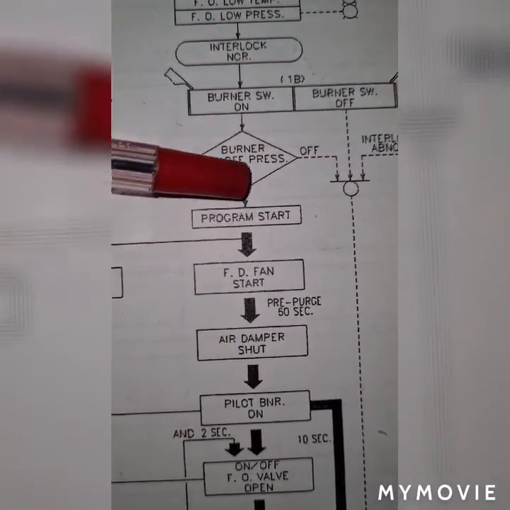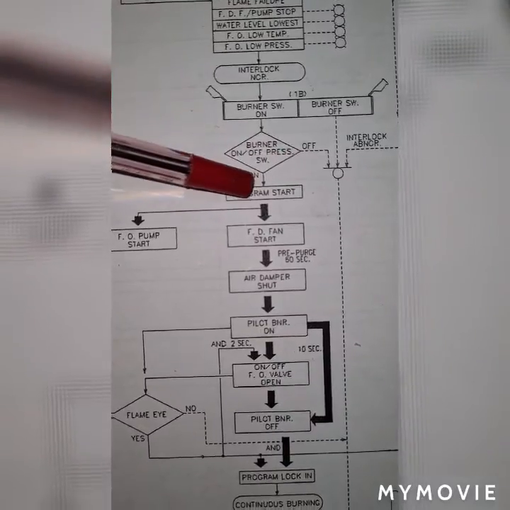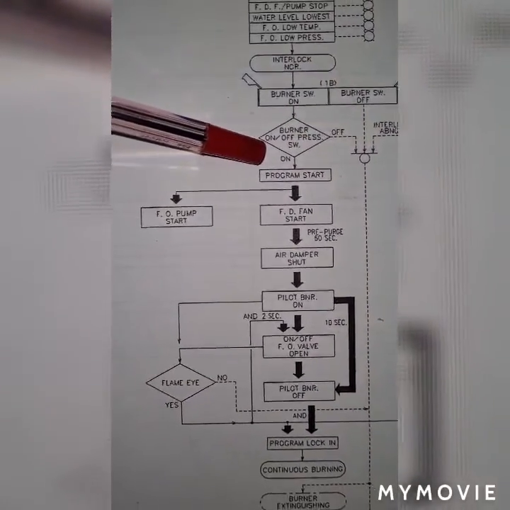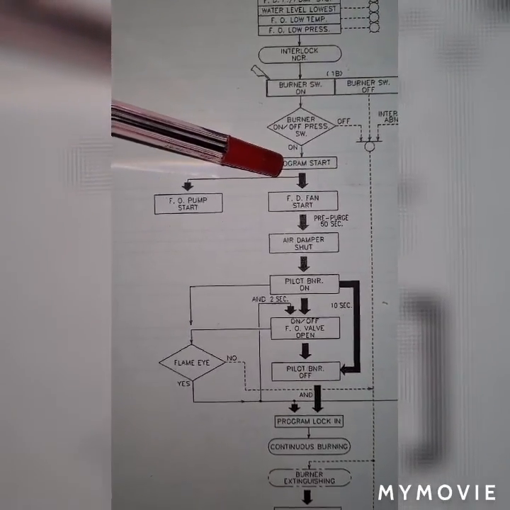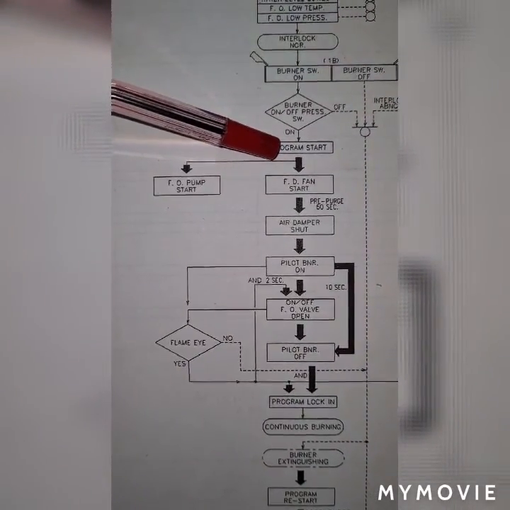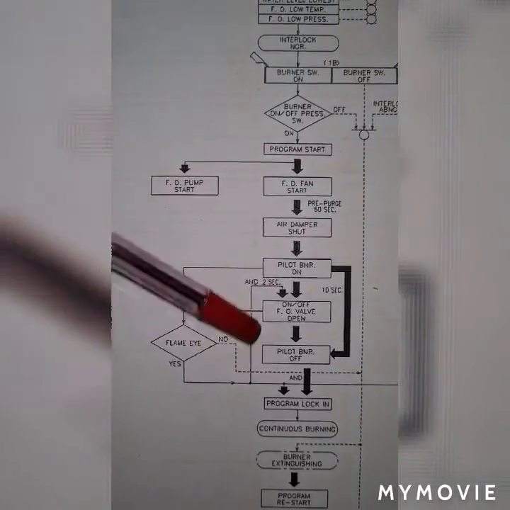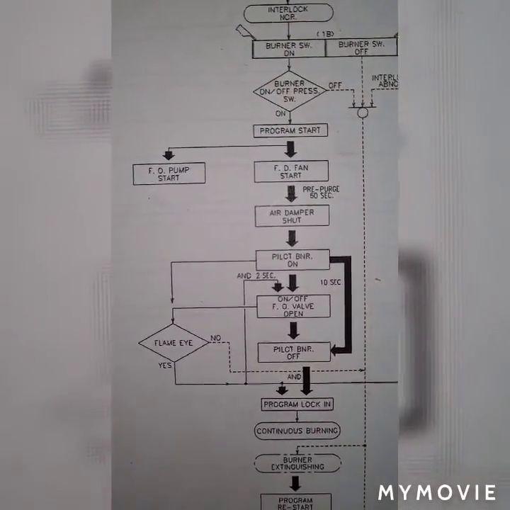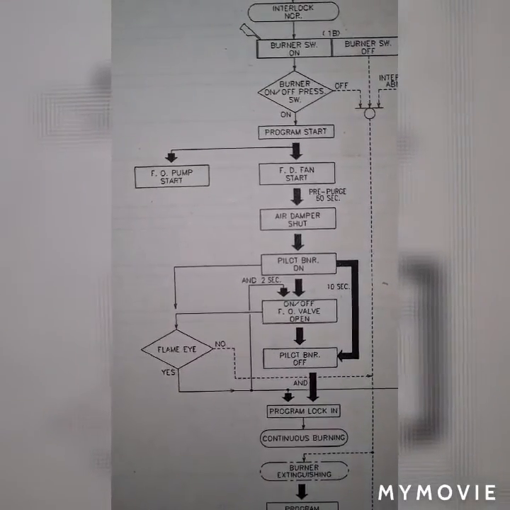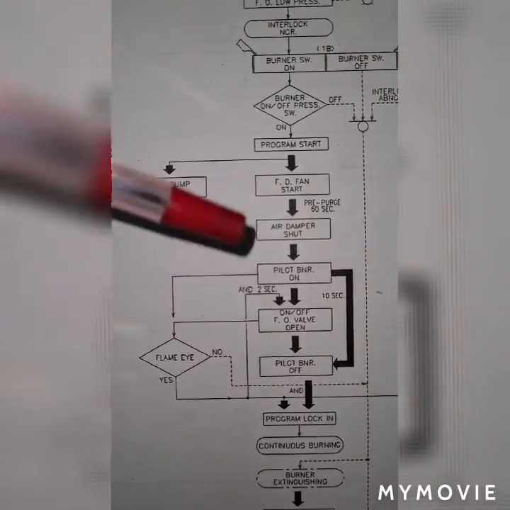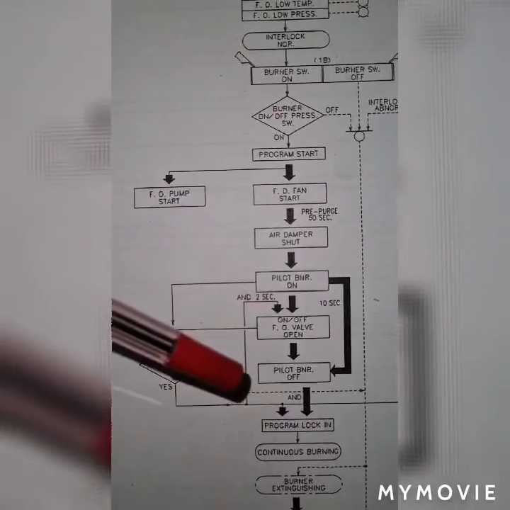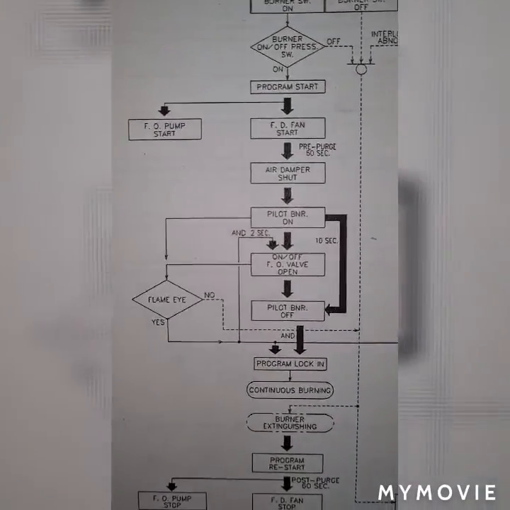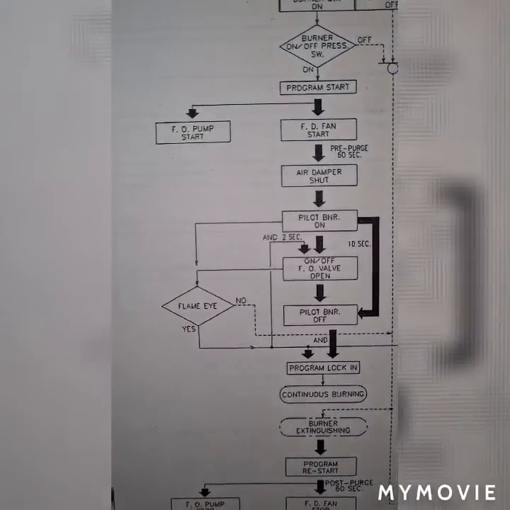Once it is switched on, the programmable logic controller will give an output signal to command all the auxiliary devices on my boiler to do a process and produce a continuous fire.